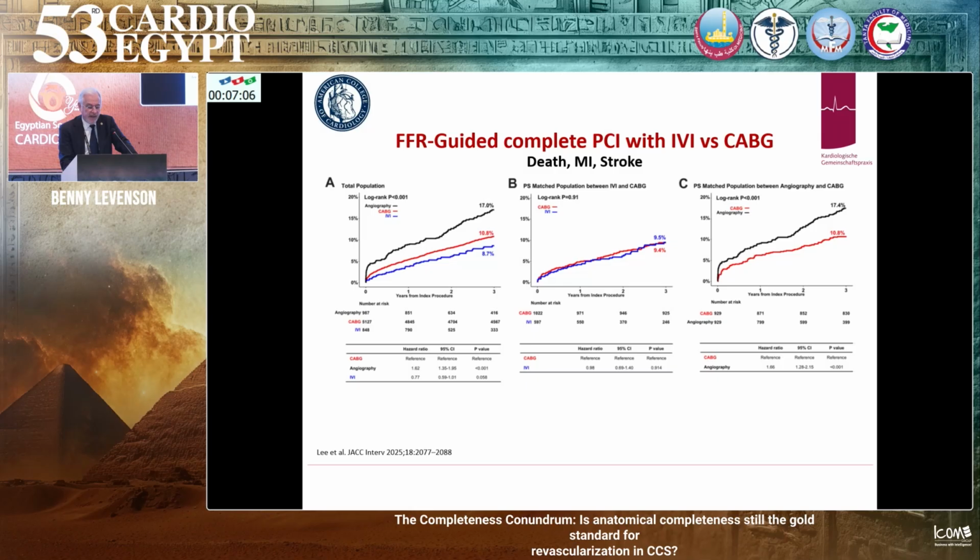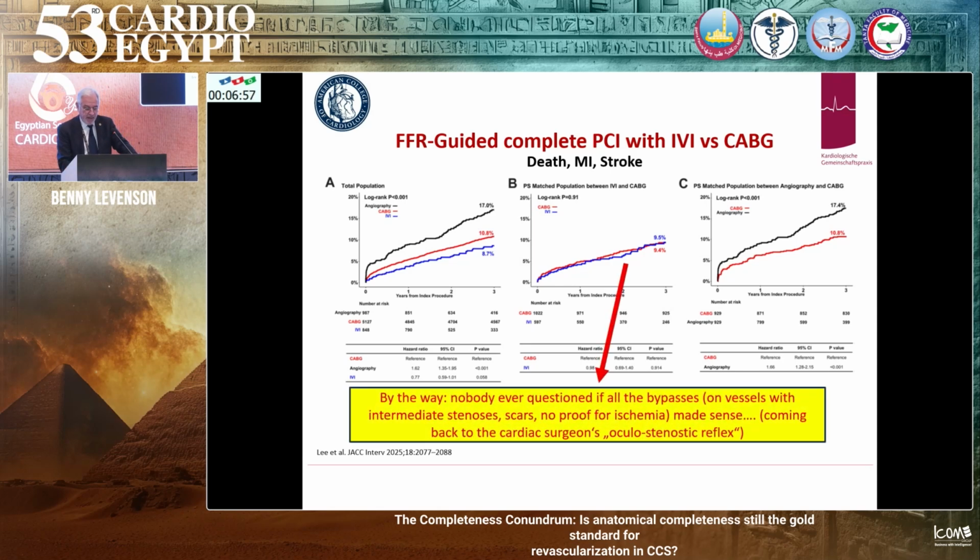The most interesting finding is that the curves in the middle portion in picture B almost completely superimpose. By the way, nobody ever questions all the bypasses on vessels with intermediate stenosis, no proof of ischemia, whether they really made sense. And coming back to the cardiac surgeons, the oculostenotic reflex. It's interesting that we have this finding because I would like to see a complete CABG study focusing on this question.